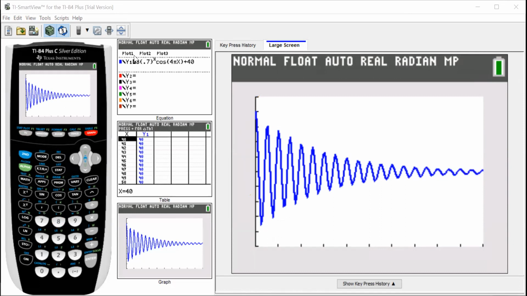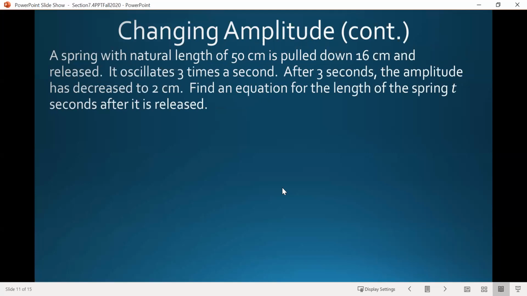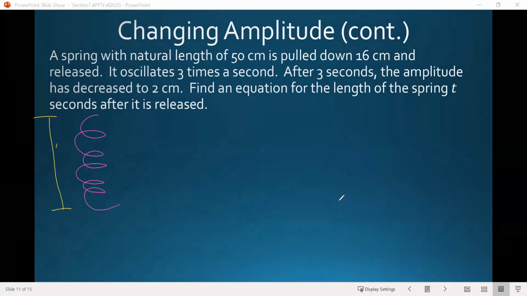All right, let's take a look at another example. Okay, so this time our spring has a natural length of 50 centimeters. So before it's pulled back, the length is 50 centimeters. And then it's stretched out an additional 16 centimeters.